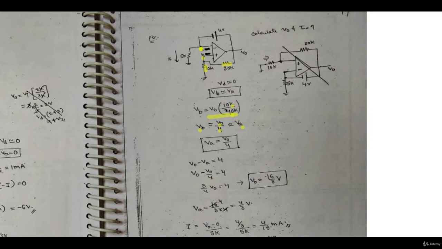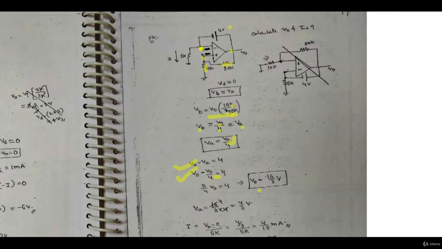Now you can see V0 minus Va is 4 volt. So V0 minus V0 by 4 is equal to 4 volts. From here you will get the value of V0 is equal to 16 by 3 volts.